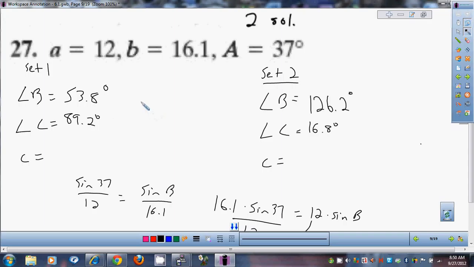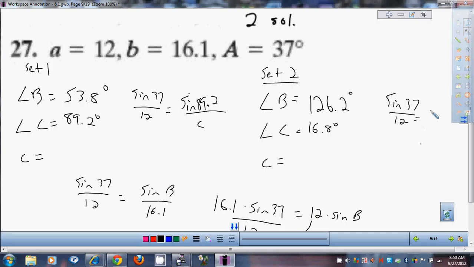For this one, sine of 37 over 12 equals sine 89.2 over C. And this one will set up sine 37 over 12, the exact same, except it'll be sine 16.8 over C. And then you'll just cross multiply, solve for C, boom, boom, done.